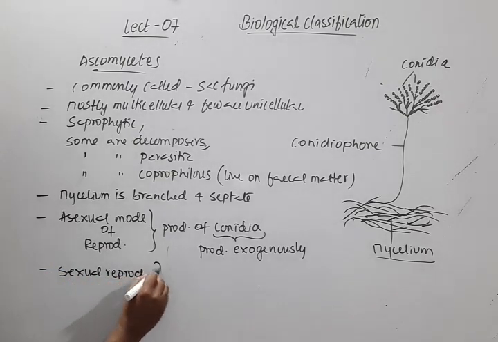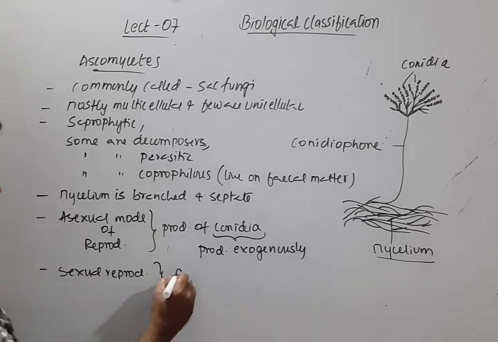the sexual reproduction is again by formation of spores, called ascospores.